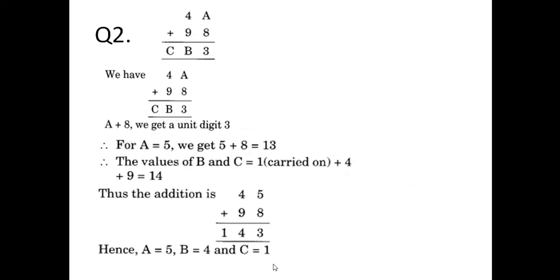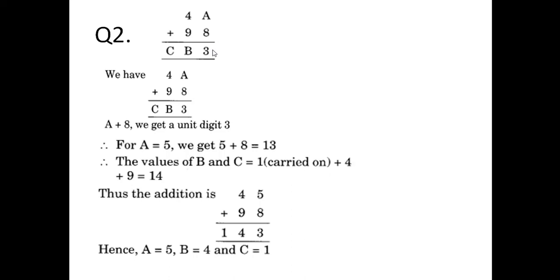Then next question, 4a plus 98 equals cb3. Here also the problem is addition, a plus 8, so we write a plus 8 equals 3 in the unit digit. Already 8 is greater than 3, so it is surely going to have a carryover.